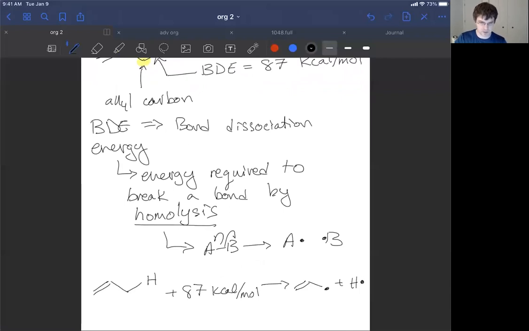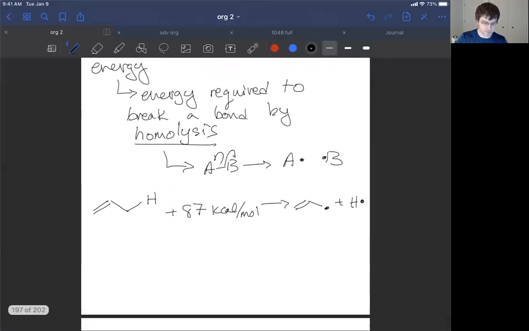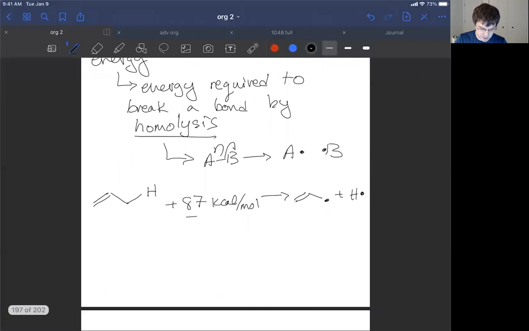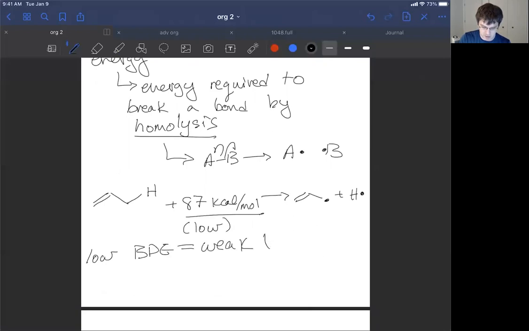Now for reference, if we want to look at some other BDEs, I'm saying 87 kcals per mole is actually low. Let's emphasize this first: low BDE equals a weak bond. And why is that? Well, because it takes less energy to break that bond.